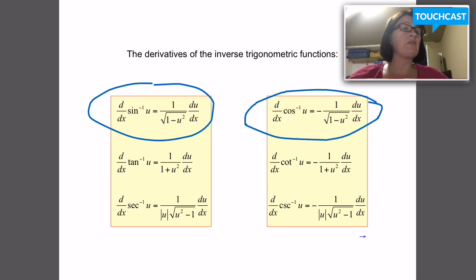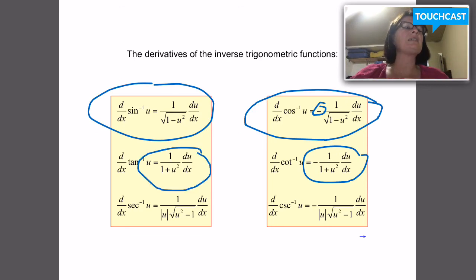So here's the derivative of inverse cosine. Notice that they are exactly the same, except they're opposites. But now that's about half as much stuff to memorize. So the derivative of inverse cotangent is the opposite of the derivative of inverse tangent. So use that to help you to memorize these functions.